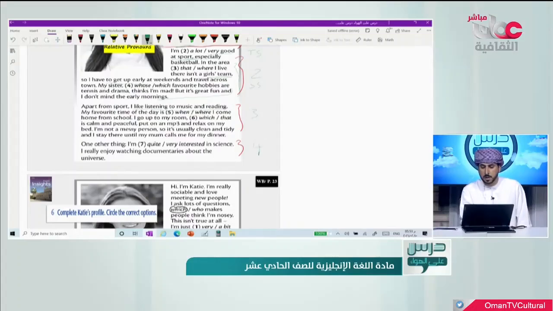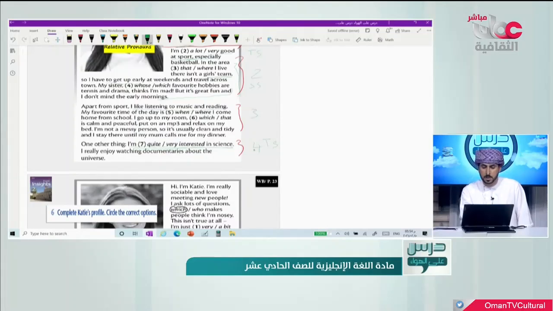In the last paragraph, one other thing, I am very interested in science. This is the topic sentence. The sentence conveys the main idea. I really enjoy, now she is giving more explanation, I really enjoy watching documentaries about the universe.